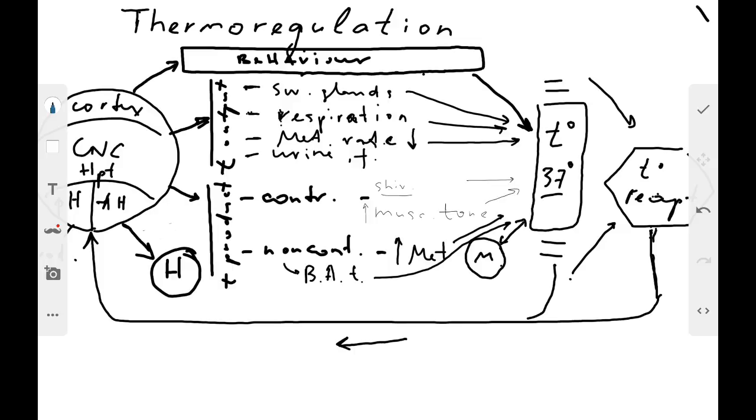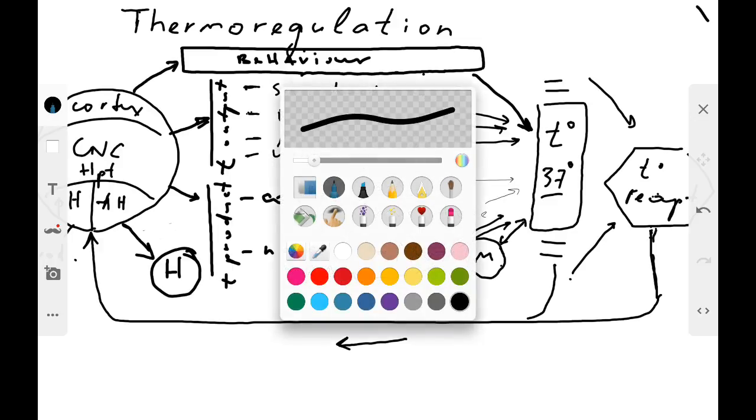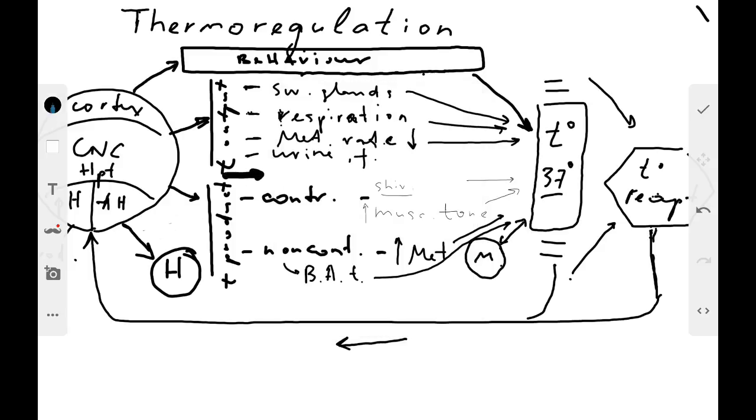So this is important for thermal output and thermal production. That's why we will indicate here the reactions of the blood vessels, contractions and dilations. These mechanisms are important both for thermal output and thermal production.